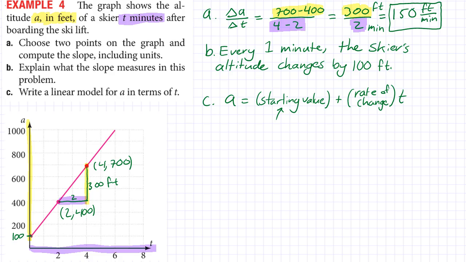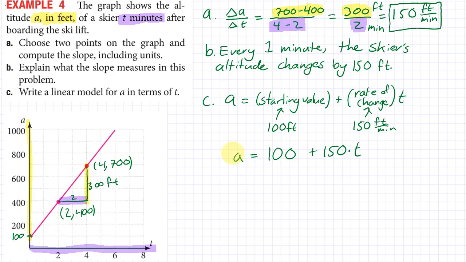Right when they got on the ski lift, they were at an elevation of 100. And the rate of change we just figured out is 150 feet per minute. So we can write this as A equals 100 plus, oh my gosh, I just wrote 100 instead of 150 there, excuse me. 100 plus 150 times t.